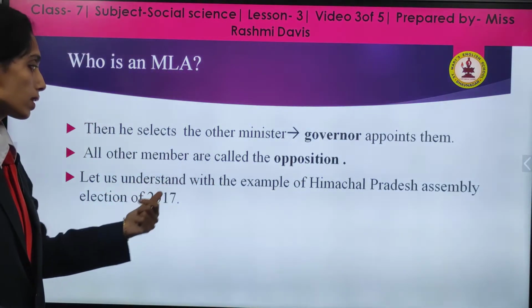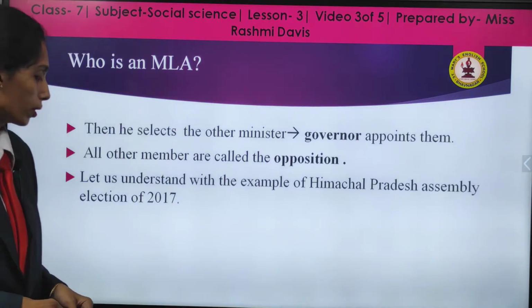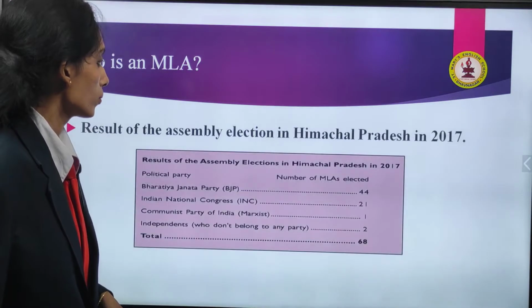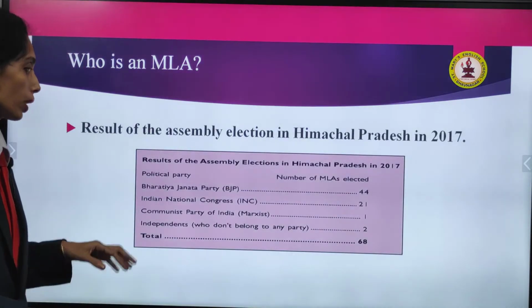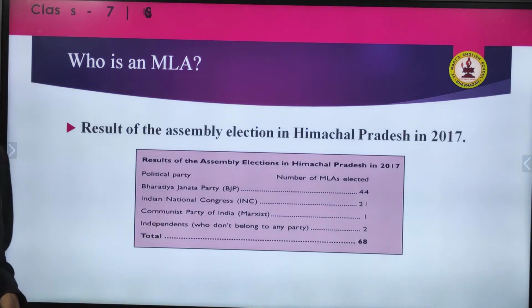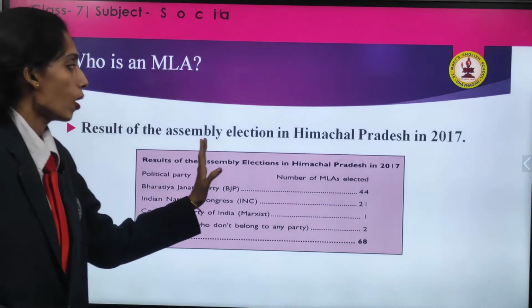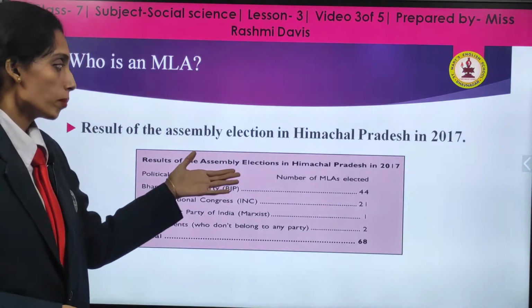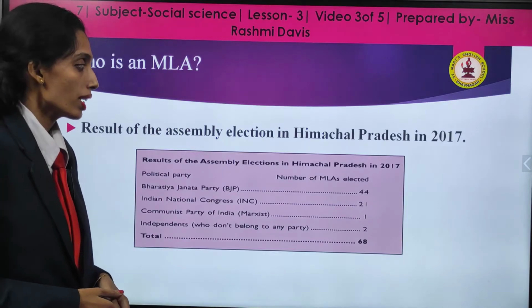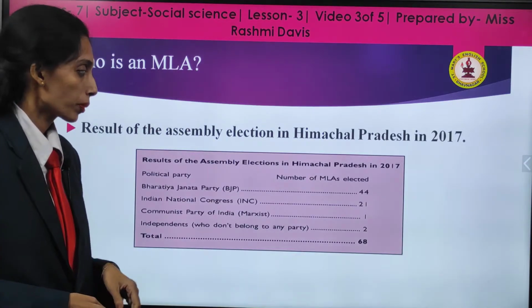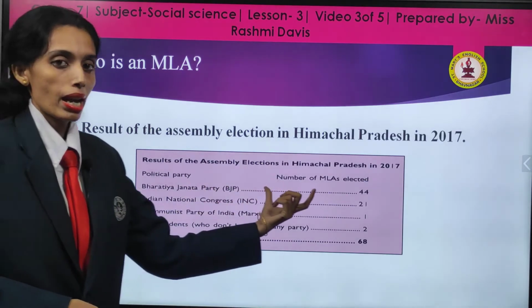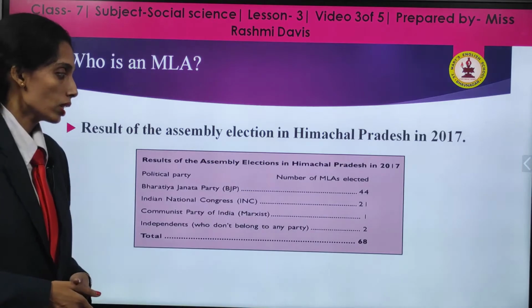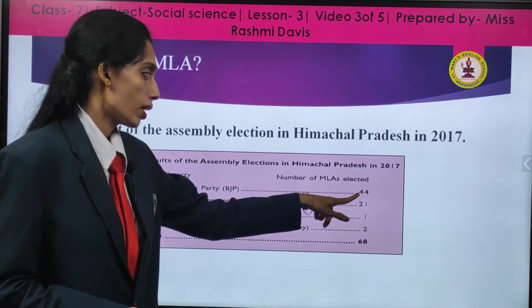Let us understand with the example of the Himachal Pradesh Assembly election in 2017. Here you can see a table which has been put up. This is the result of the assembly election in Himachal Pradesh in 2017, showing political party and number of MLAs elected. Bharatiya Janata Party won 44 MLAs.